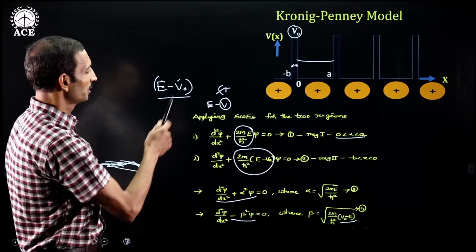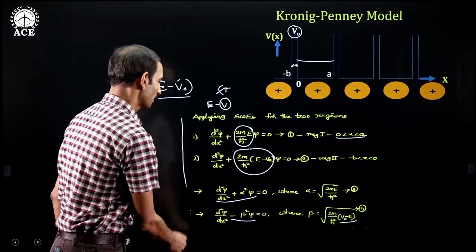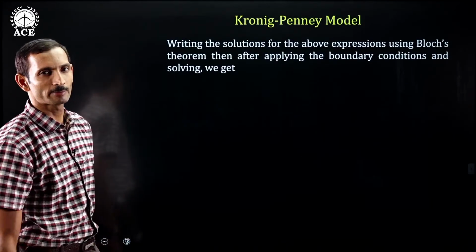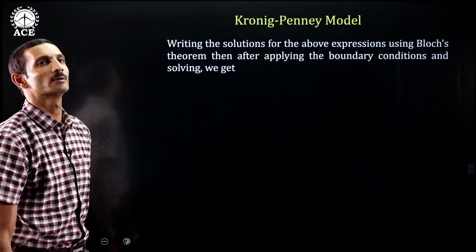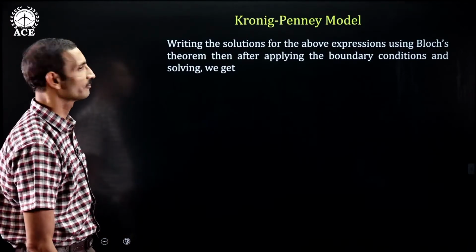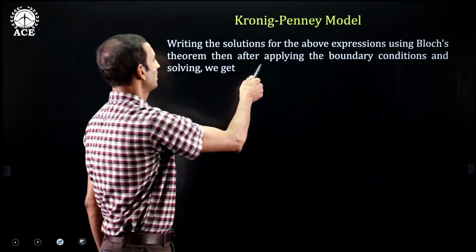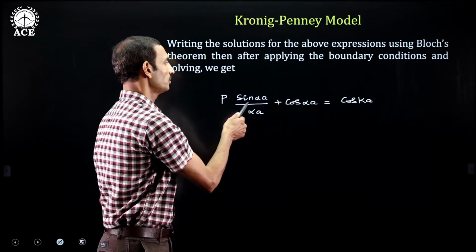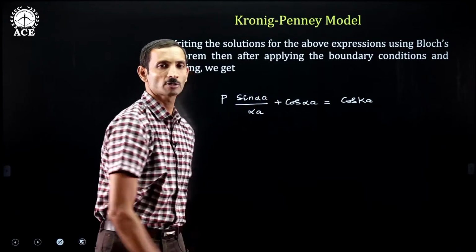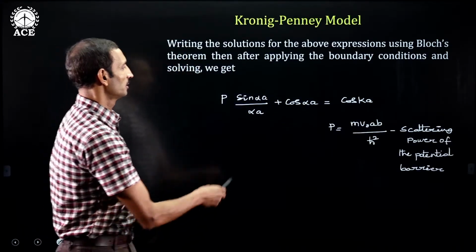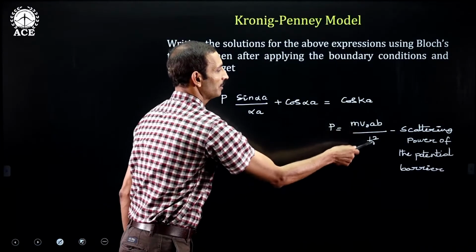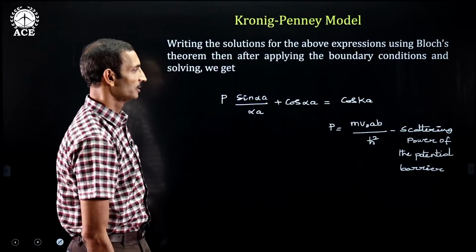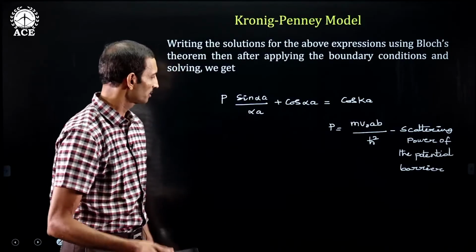So here we have written the Schrodinger wave equations, and the solutions of these are obtained by mathematical methods, with rigorous mathematics involved in it. So that can be brought over. You would finally end up at this equation: P sin alpha a by alpha a plus cos alpha a is equal to cos Ka, where P is nothing but m V naught a b by h cross square, what we call the scattering power of the potential barrier. Where have these alphas come from? We have seen already.